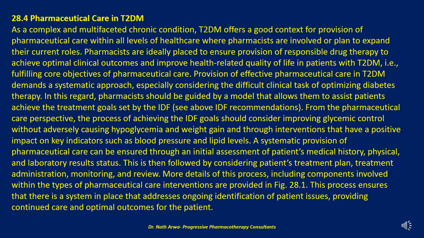More details of this process, including components involved within the types of pharmaceutical care interventions, are provided in Figure 28.1. This process ensures that there is a system in place that addresses ongoing identification of patient issues, providing continued care and optimal outcomes for the patient.